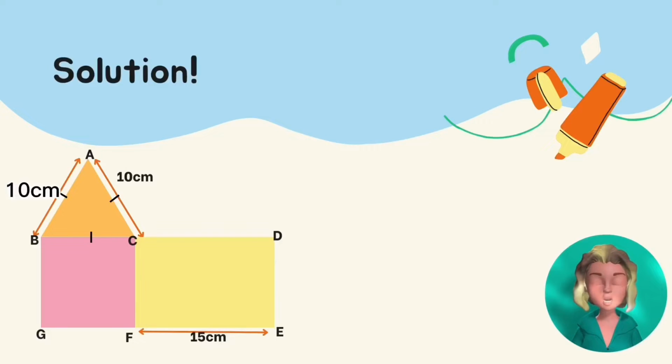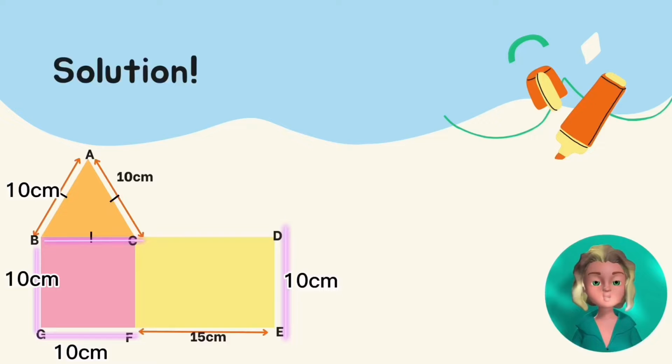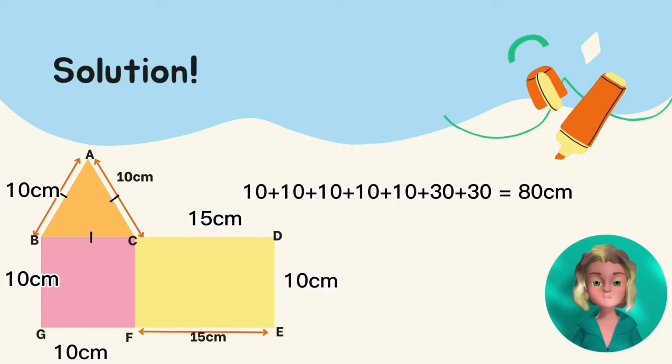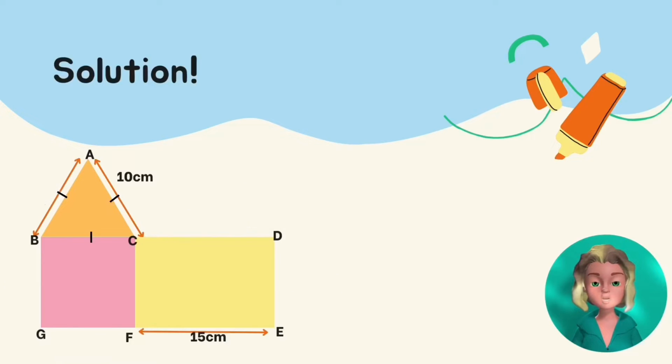Notice that the length of BC is the same as BG. Therefore, it will be the same as GF and DE. On the rectangle CDEF, the length of CD is the same as EF. Therefore, the length of CD is 15 cm. Lastly, add all the lengths, and you will obtain 80 cm for the whole diagram.